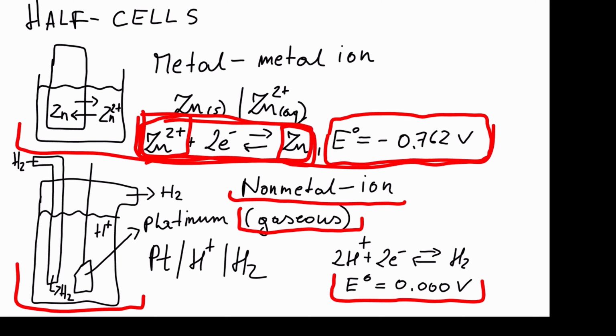In every single half cell, there must be an electrolyte solution. The electrolyte solution conducts electric charge. We need electrolyte solution, and we need metal, the so-called first class conductor.